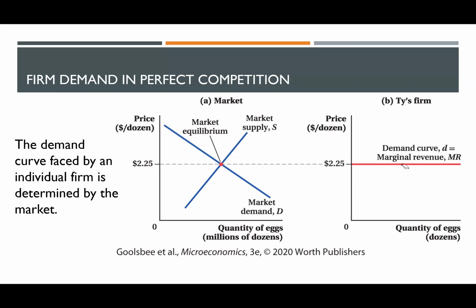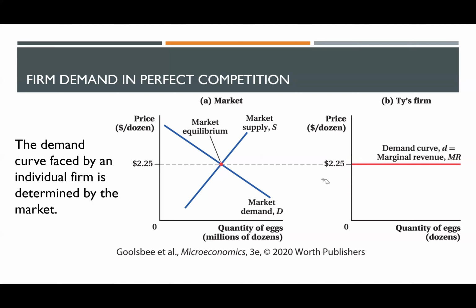This perfectly elastic curve tells us consumers will buy any amount of eggs, in this case in dozens, at that $2.25 price. If the firm tried to price above that, they would sell zero. If they try to price below that, they're also not going to sell anything. This is the price at which consumers will purchase eggs.